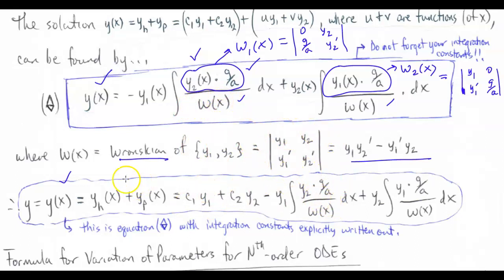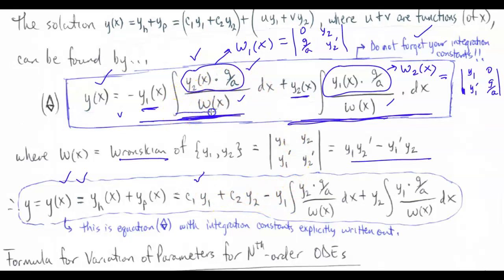And what this is trying to show you here is in this form, we haven't necessarily taken into account the integration constants, okay? Whereas when I write it this way, I'm taking into account the integration constant that comes from this term here, as well as the integration constant that comes from this term here being multiplied by the y sub 1s and the y sub 2s respectively. So this is showing you explicitly what all those solutions look like.